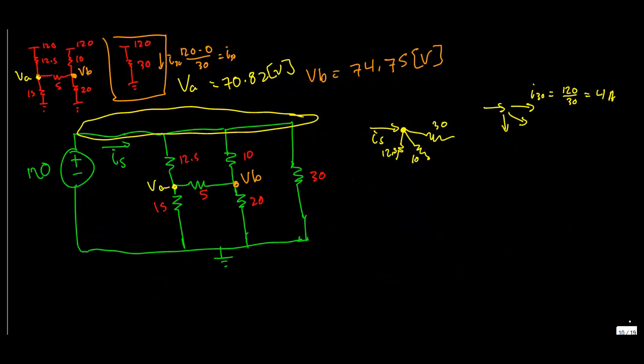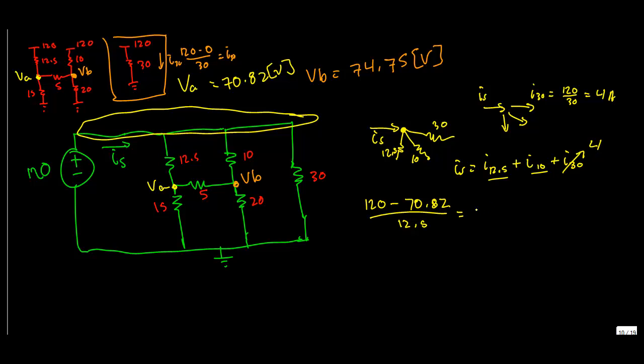Okay, so what goes in must come out. So if this is the current source here, the current source has to be equal to the current through the 12.5 ohm resistor plus the current through the 10 ohm resistor plus the current through the 30 ohm resistor. We already said this is 4 amps. Now the same goes for I10 and I12.5. So I12.5 would be 120 minus VA, which is 70.82, and we're going to divide that by 12.5, and that will give us our current through the 12.5.